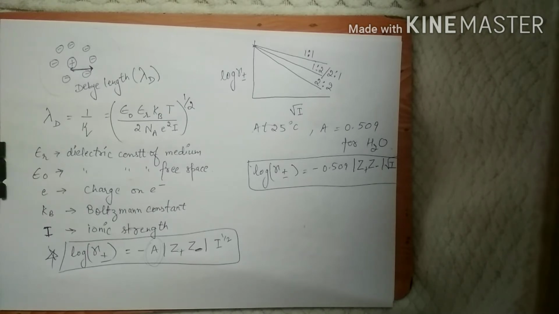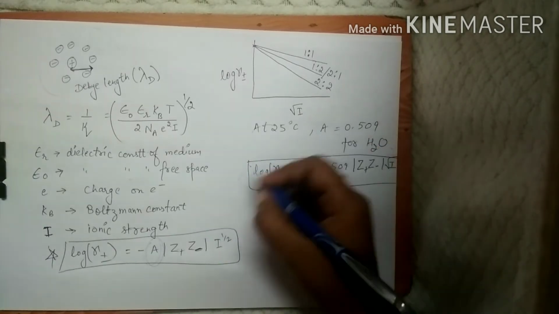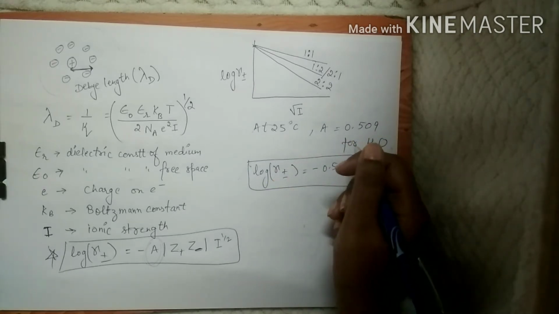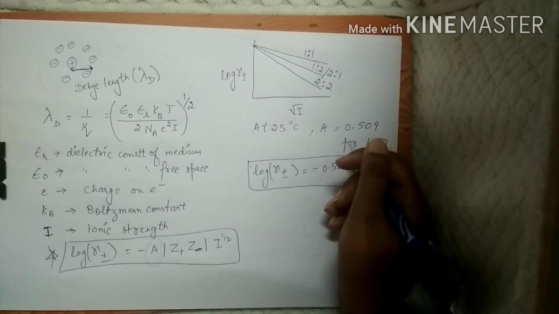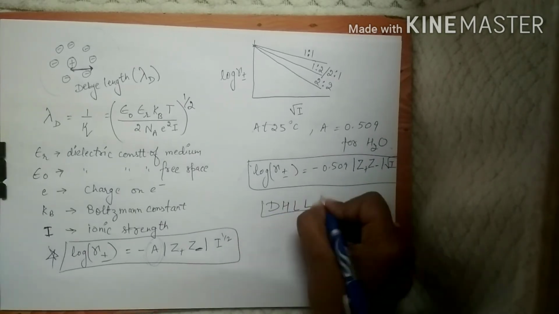Now if the ionic strength of the solution is too high, the Debye-Huckel law, or the formula, is not valid. Certain corrections are needed. If the molality of your solution is very high, or the concentration is very high, it is explained using the extended Debye-Huckel law, also called the Debye-Huckel limiting law.